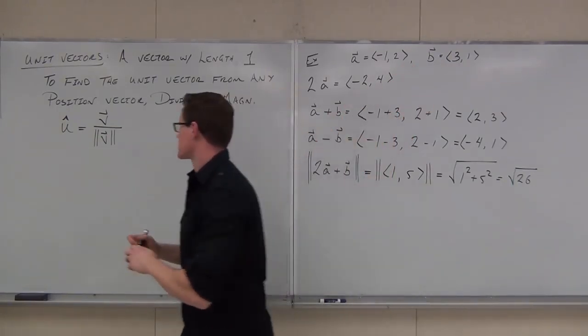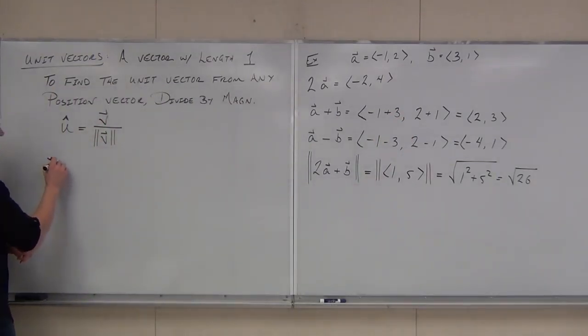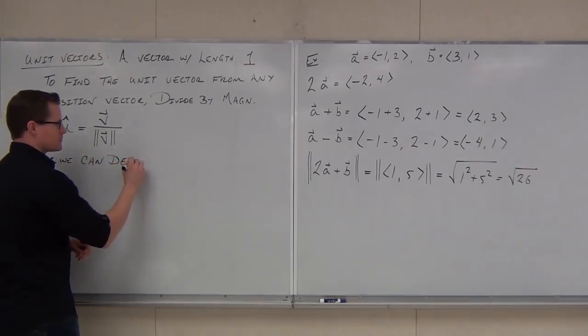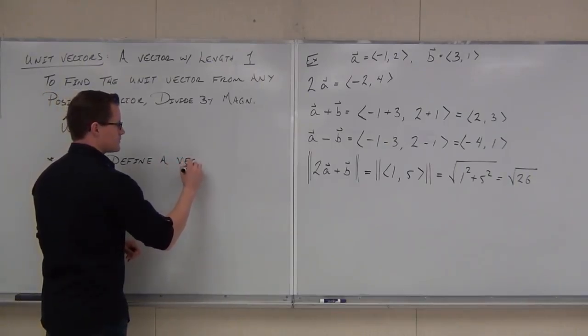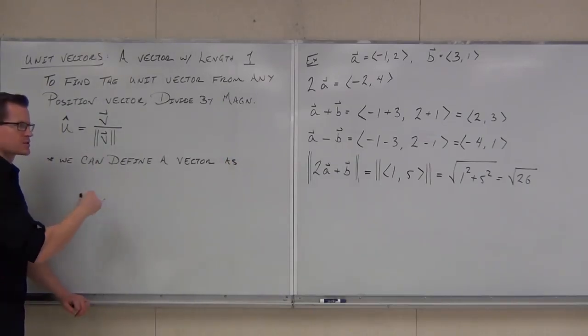And that's what this next thing is going to say. So if I solve this for vector v, we can define a vector as magnitude times direction, or magnitude times a unit vector.